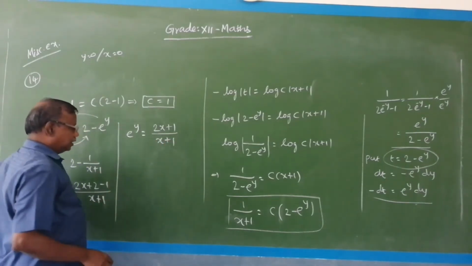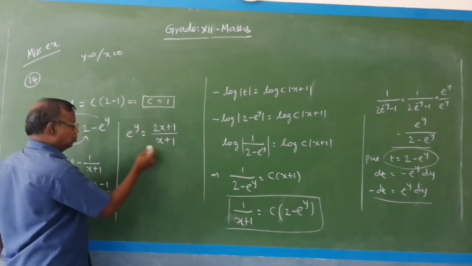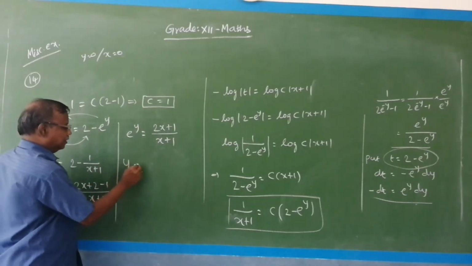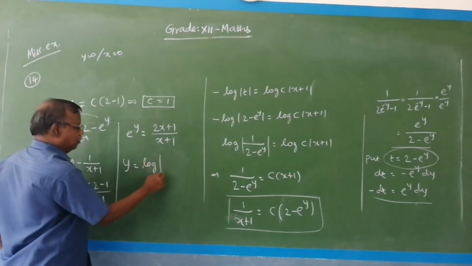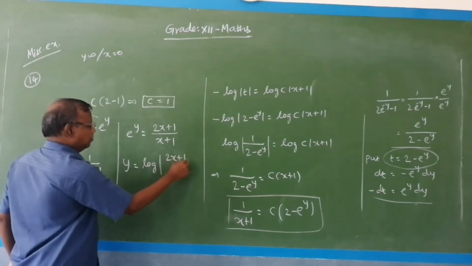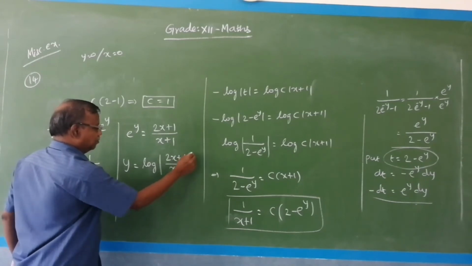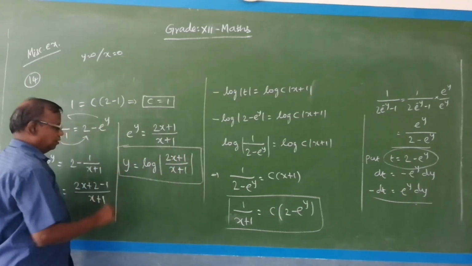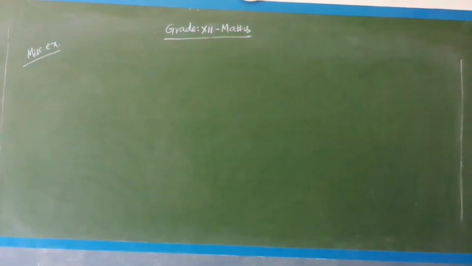This may be the solution, or taking log on both sides, e power y becomes y, the RHS becomes log of modulus of 2x plus 1 divided by x plus 1. So, this is the required particular solution for this differential equation.